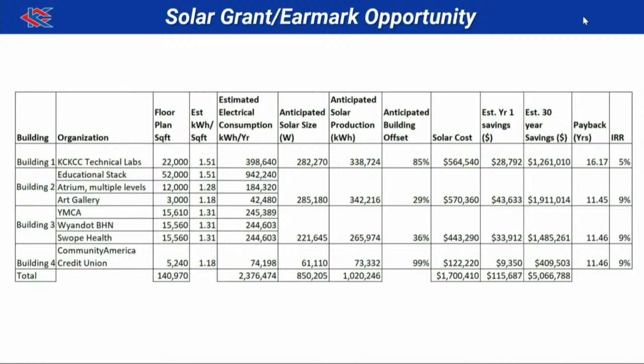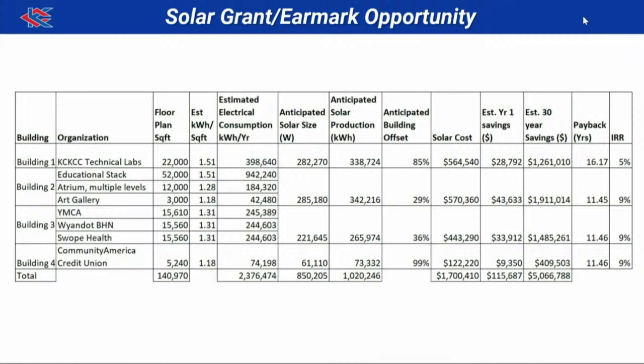I've been working with a team of engineers over the last 2 weeks or so to design a system that we believe would maximize the roofline potential of solar collection. A lot of information is up on the screen, and if you notice, it's by building, the number of square feet on that roof line, the estimated kilowatt generation per square foot.